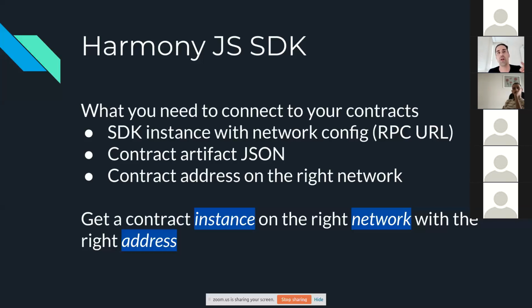Or they're talking to an old address, but they're on the correct network. And you can see how this would totally blow your mind. If every smart contract is a database, and you're connected to a database that looks and feels exactly like the database that you think you're on, but you're not on the right one, then you're going to have a bad time.